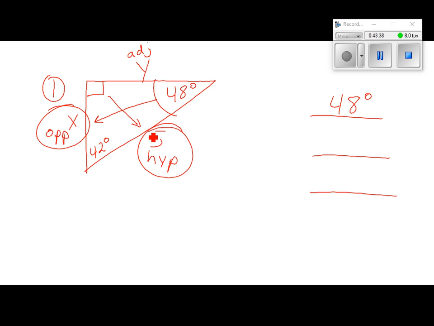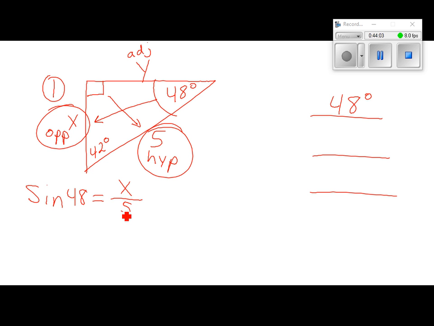Which trig ratio deals with opposite and hypotenuse? Sine. So we do the sine. What's our angle? 48, the one we picked. Equals X over hypotenuse, opposite over hypotenuse. X over 5.